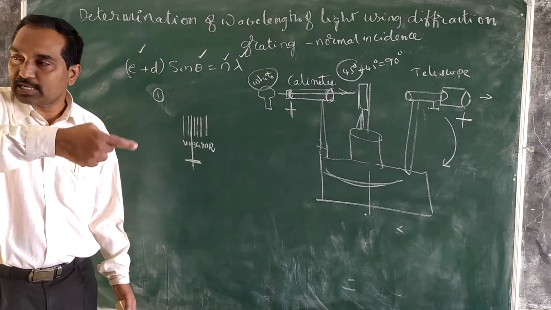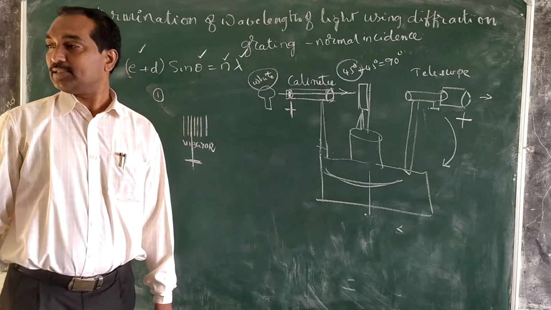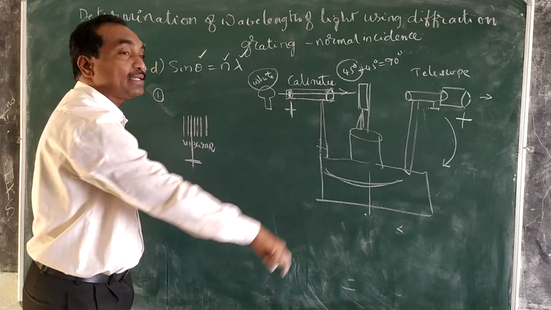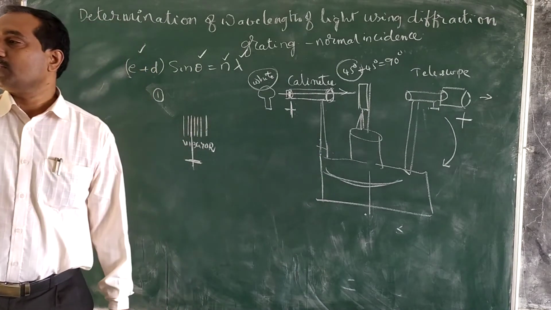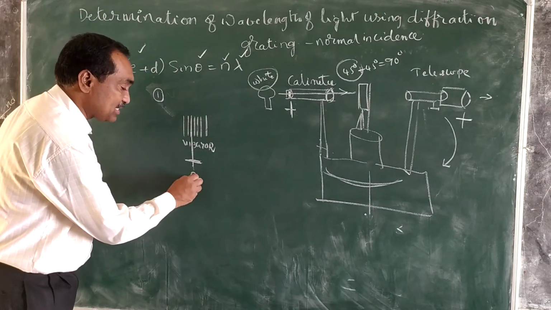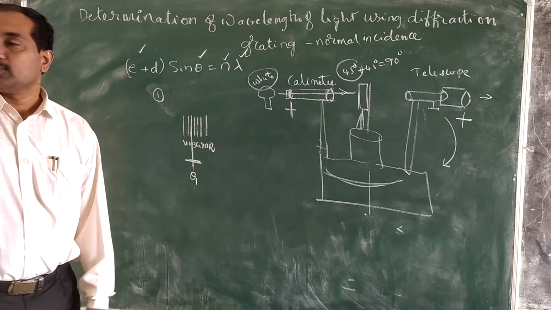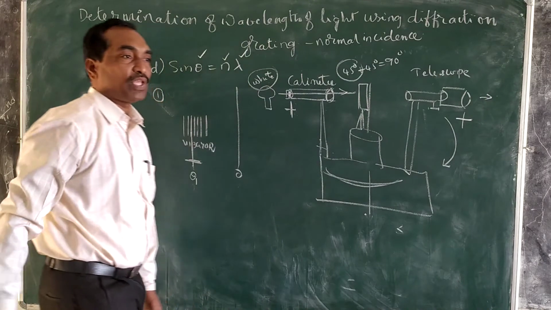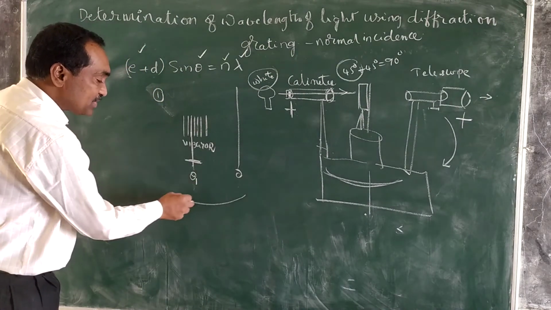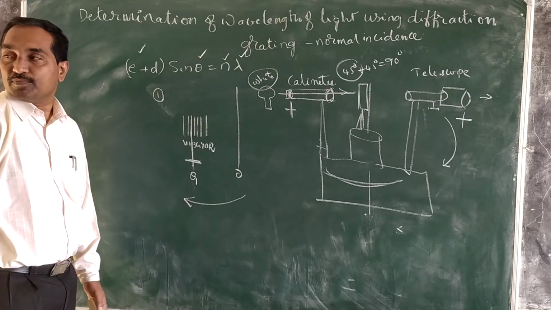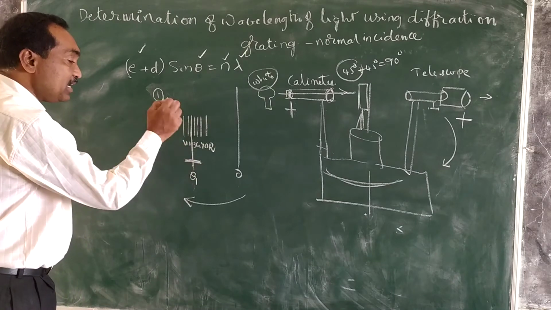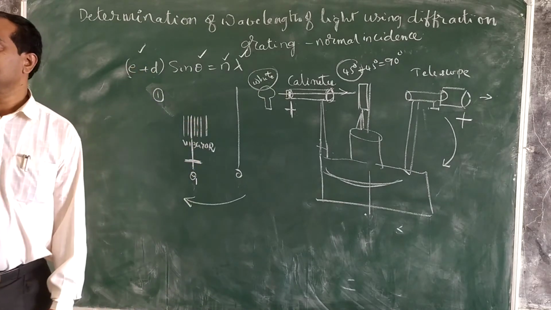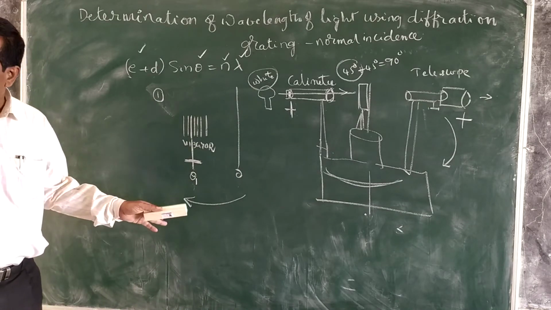There is a circular scale of 360 degrees, and we take the reading on it, taken as theta 1. Actually, this is the central base. When we move the telescope towards the left, we coincide the crosswire with the blue color. Then we can make the reading.